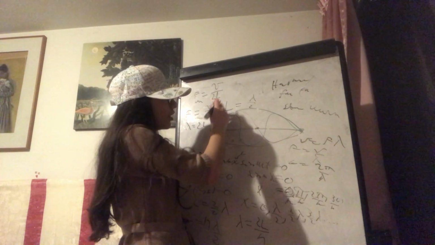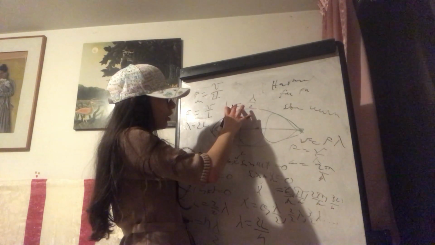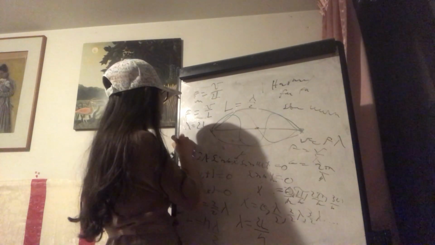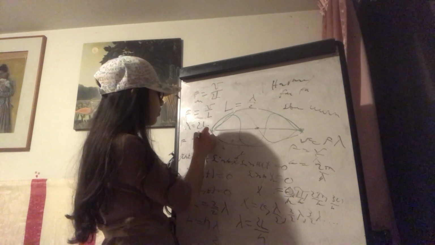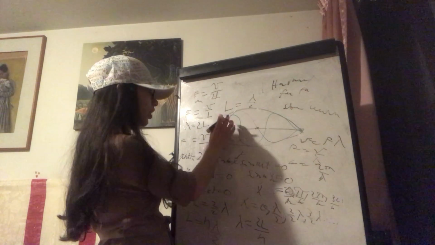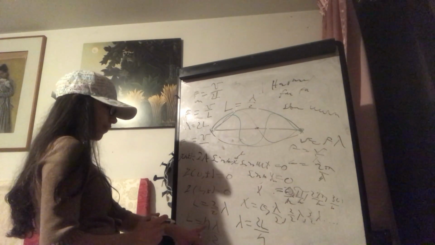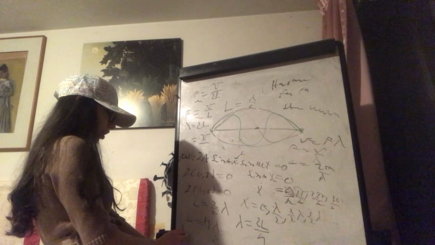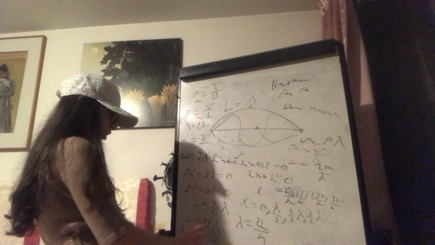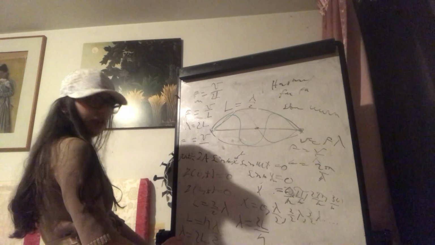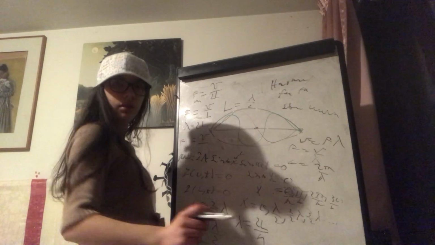So here I would just have that the frequency is the velocity divided by the length of the string. And if I increase even further and return to see this, then the frequency is the velocity divided by the wavelength. Here I have that the length is 3 halves wavelengths, so the wavelength is 2 times the length divided by 3.